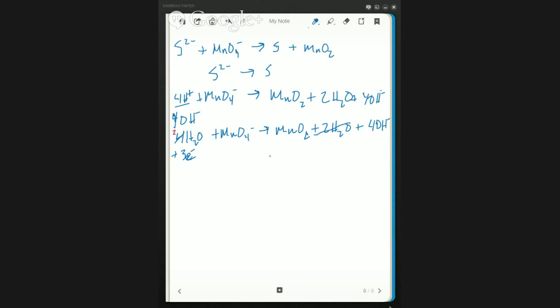So I'm going to end up having to multiply this one by 2, and this one I have 2 minus here and none over here, so I'm going to have to add 2 electrons there. This one's going to get multiplied by 3, and the bottom one multiplied by 2.